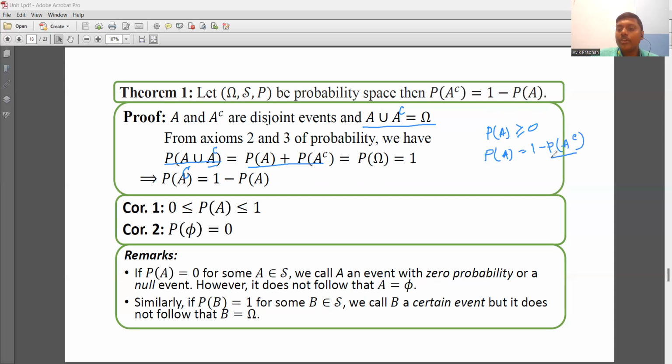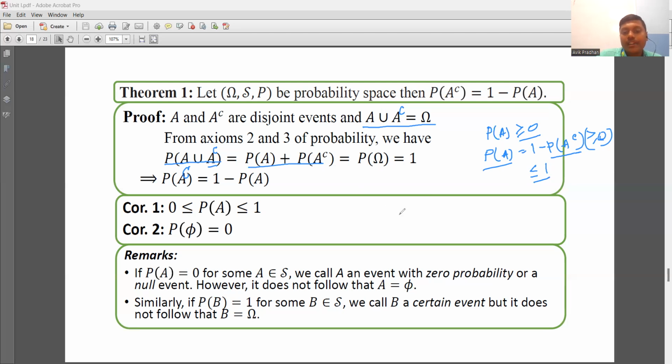Probability of A complement is also the probability of an event, so this is also greater than or equal to 0. So 1 minus something greater than or equal to 0 will actually reduce, which means this probability is less than or equal to 1. So probability of A is greater than or equal to 0 and probability of A is less than or equal to 1. So together probability of A will be between 0 and 1.